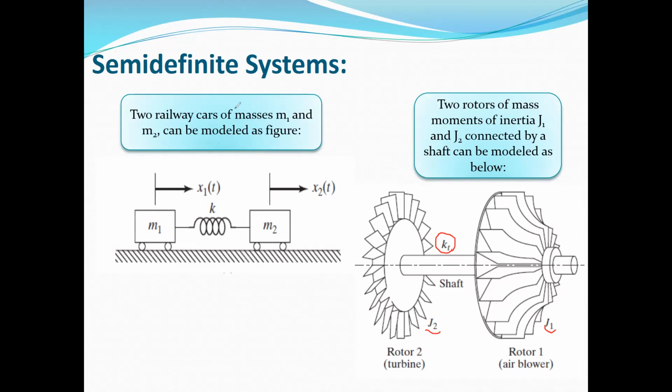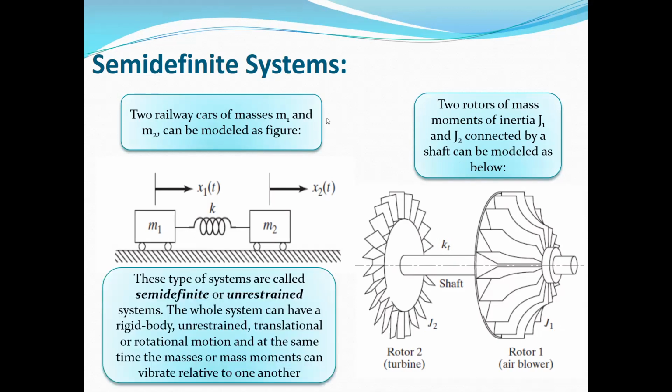These types of systems are called semi-definite or unrestrained systems, and the characteristic of this case is that they can move as a rigid body. As you can see here, this system includes M1 and M2.